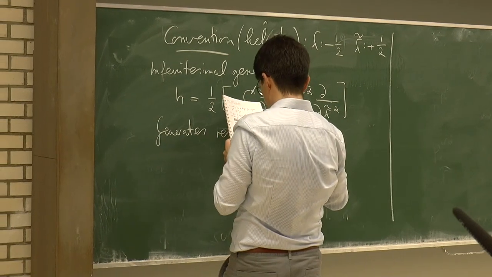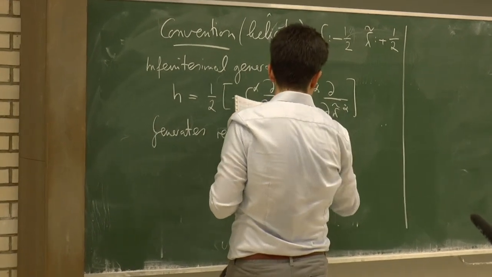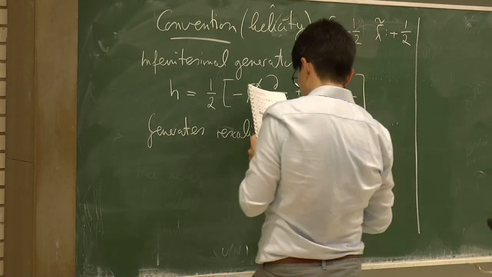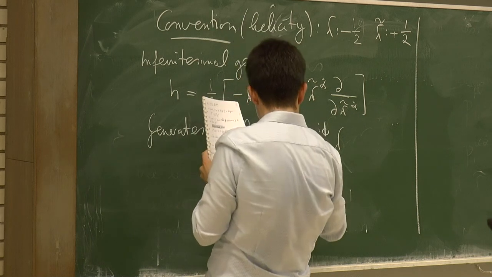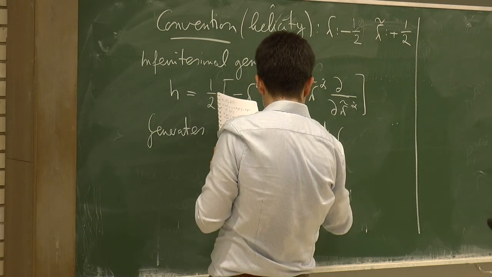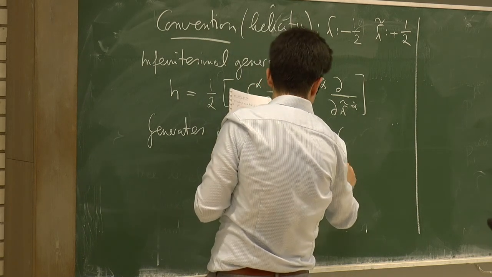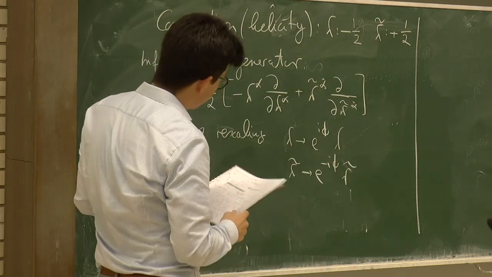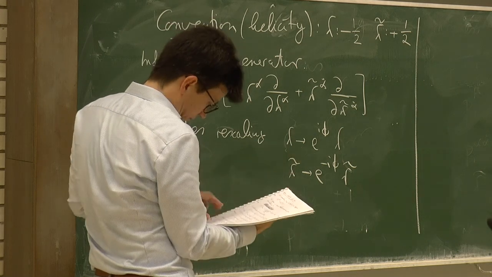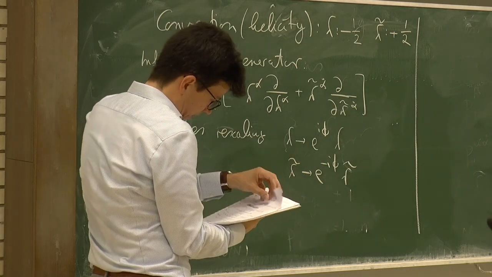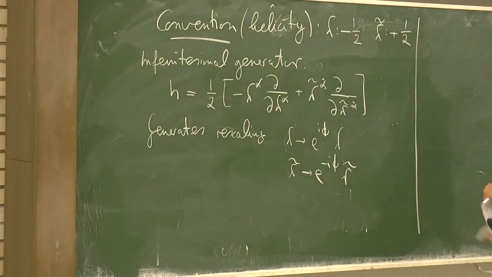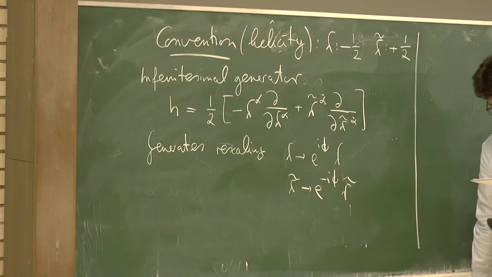So lambda goes to some factor, but actually it generates a phase that corresponds to this rescaling. So this is just to make sure that we have the same convention about helicity.